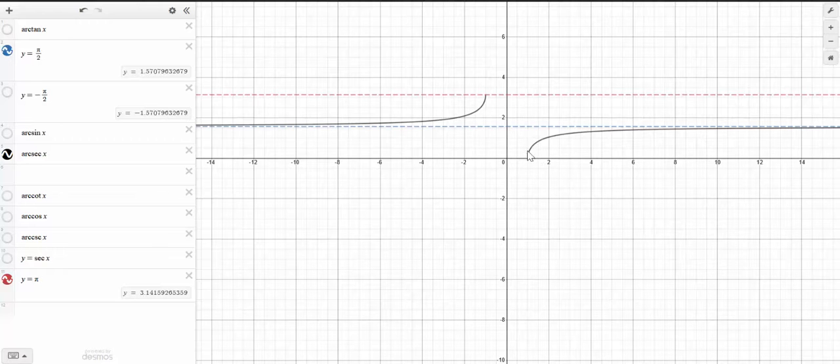Now look over here on this side. When x is bigger than 1, we go from 0 to pi over 2. Well, that's definitely the first quadrant. So we've got a situation here, and I'm going to refer to this later, where y is in the first or second quadrant. So keep that in mind. So here we go.